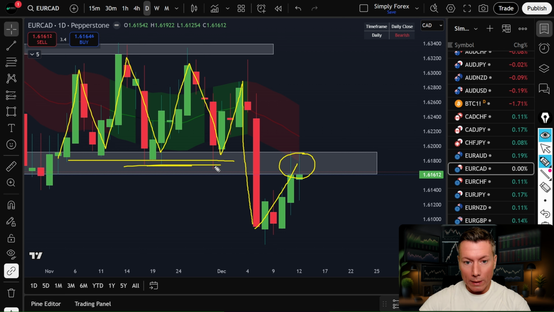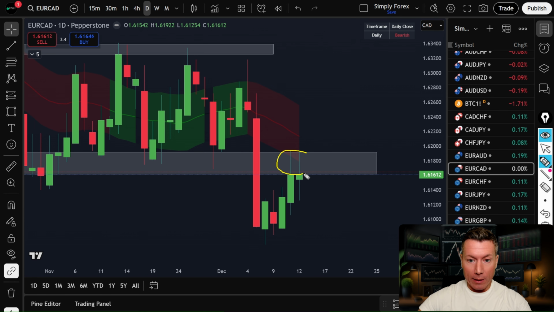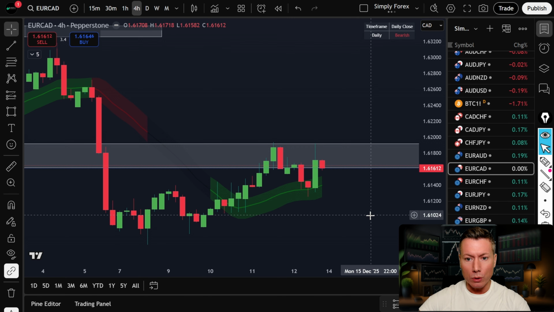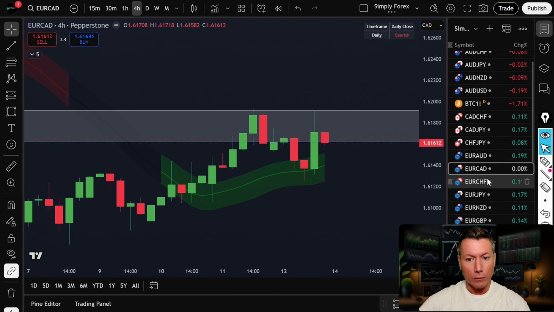Again, what was once support becomes very good resistance. If you only traded that setup, you would have success as a trader, right? And that's what we're looking to do. You can see we're getting wick rejections now at that level. And then the final piece of the puzzle, guys, would be a breakdown in H4 structure.